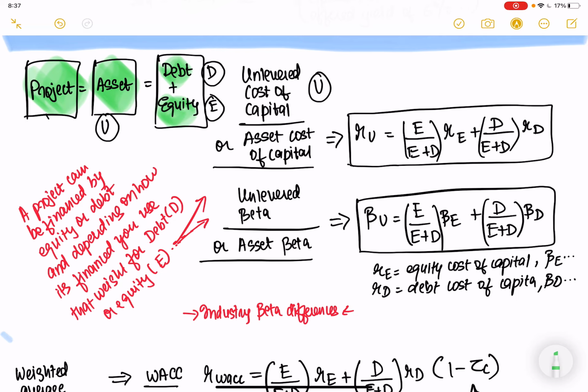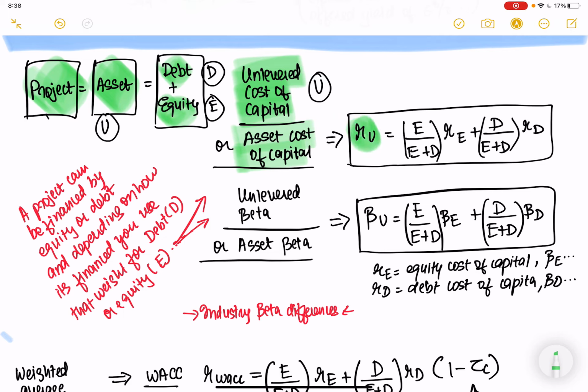So how do you find out the return expectation? The way you find out the cost of capital, we call this the unlevered cost of capital or asset cost of capital. These are all different terms, but they are the same. The way you do that is you find out what the percentage of debt is, what the percentage of equity is, and then you just weight them.